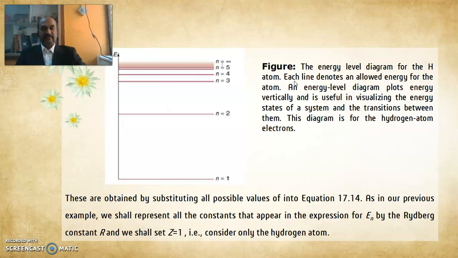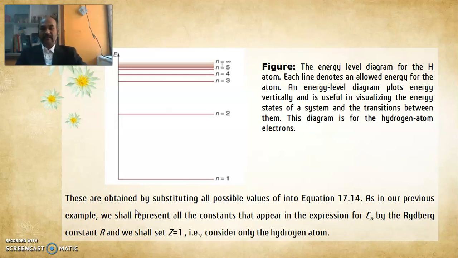Each line denotes an allowed energy for the atom. An energy level diagram plots energy vertically and is useful in visualizing the energy states of a system and the transitions between them. This diagram is for the hydrogen atom electrons, or you can consider this for hydrogen-like atoms as well.